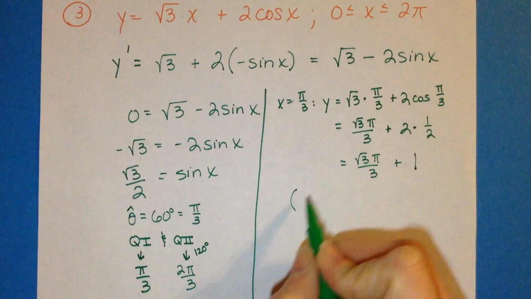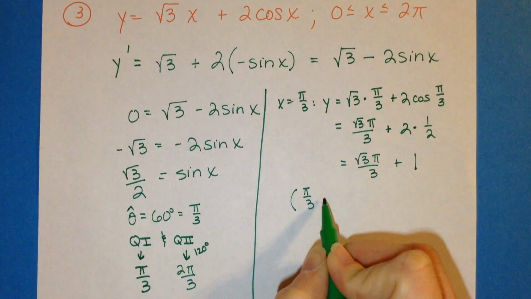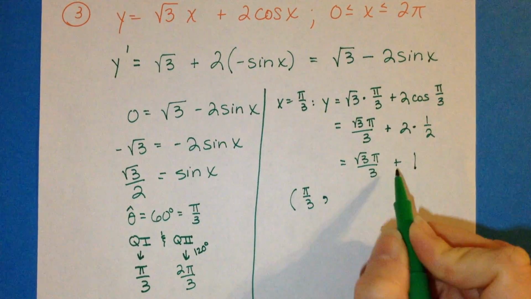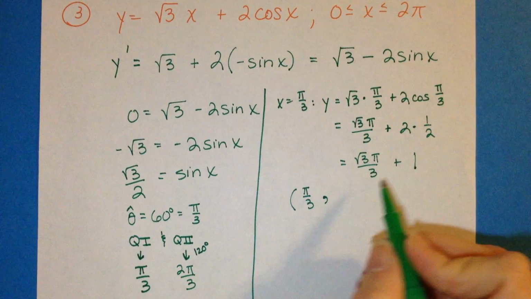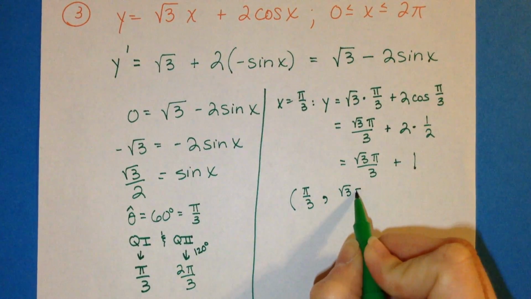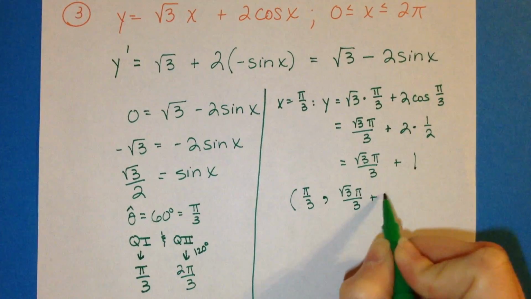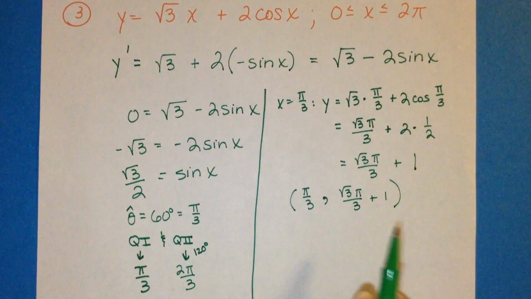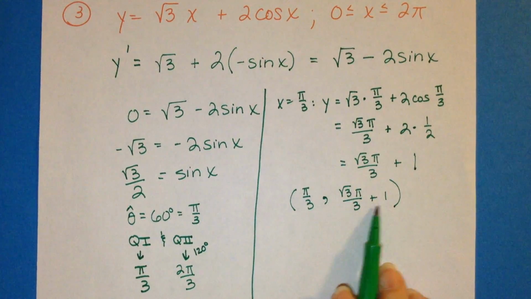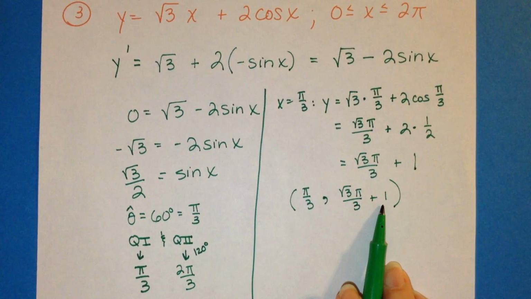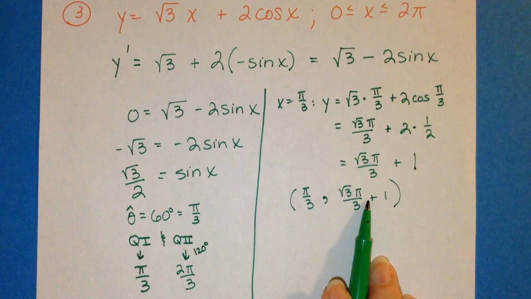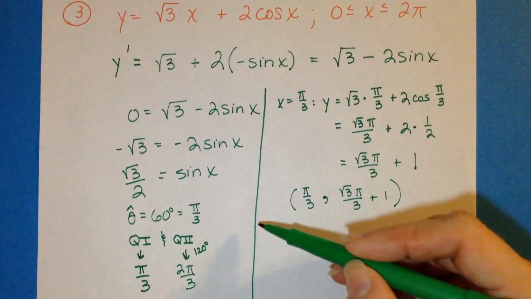So your x coordinate is pi over 3. And your y coordinate, you'll just have to leave it this way as far as an exact answer. And your answer in the textbook may actually get a common denominator here of 3. That would be a possibility, but they're wanting you to leave it exact and not round it off.